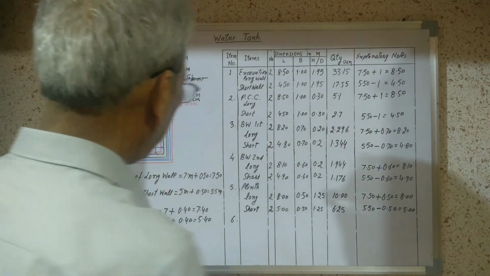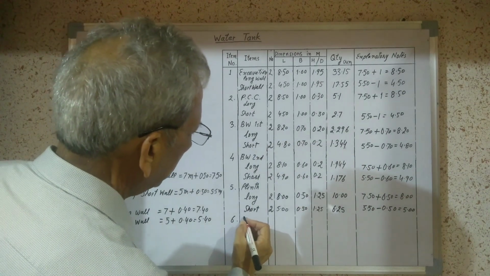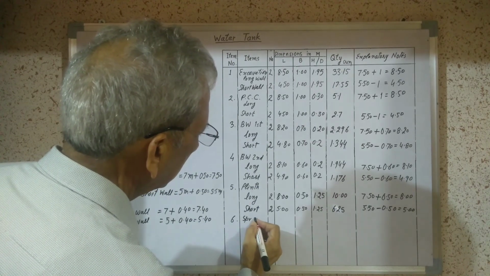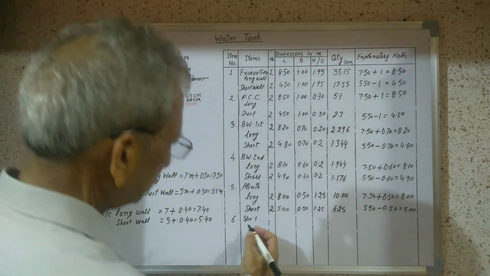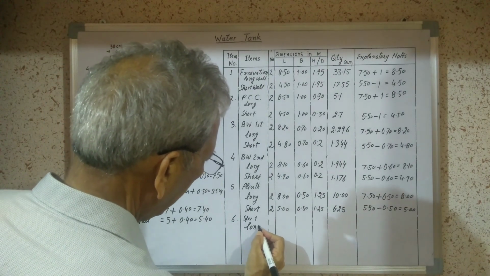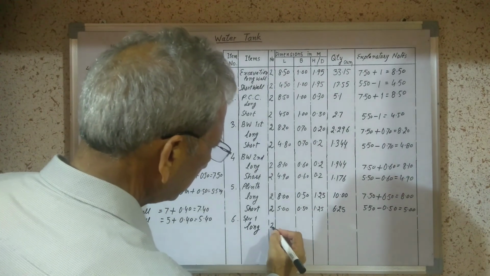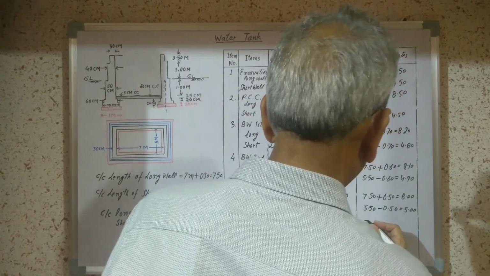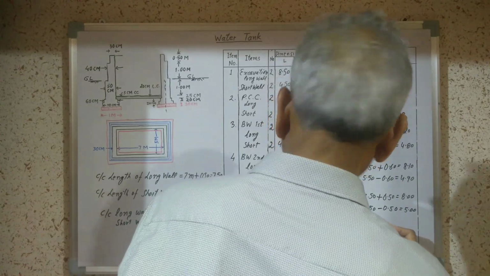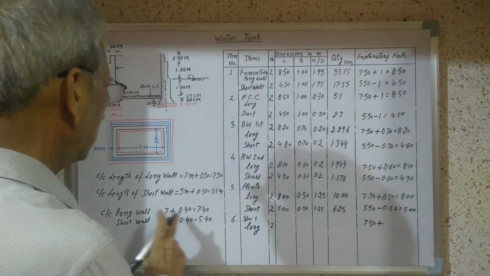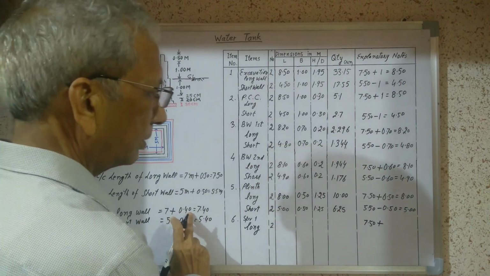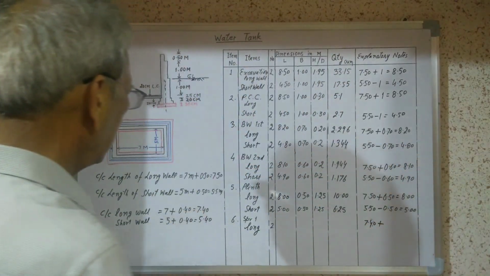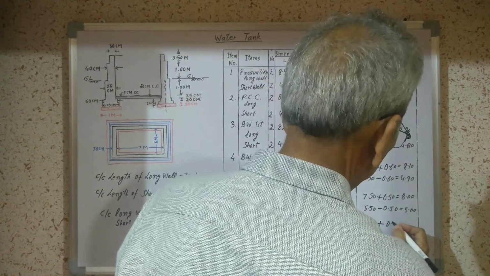Now here we will do the calculation. This is the superstructure wall. First, in the superstructure wall, the long wall. 2 number of walls. Now we will take here center to center 7.4 plus the width of the wall, 0.4.